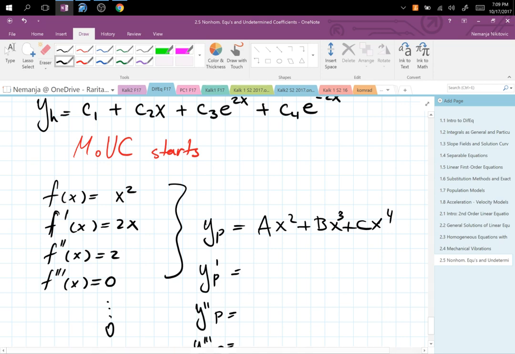How are you able to change the function yp? Because this is the form of your solution at the end, and the solution has to be linearly independent. I see that.